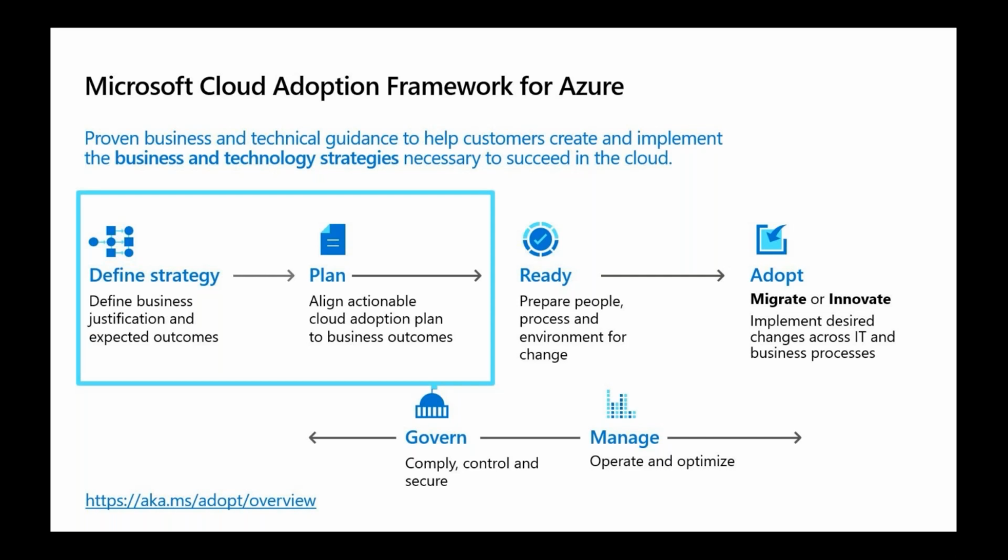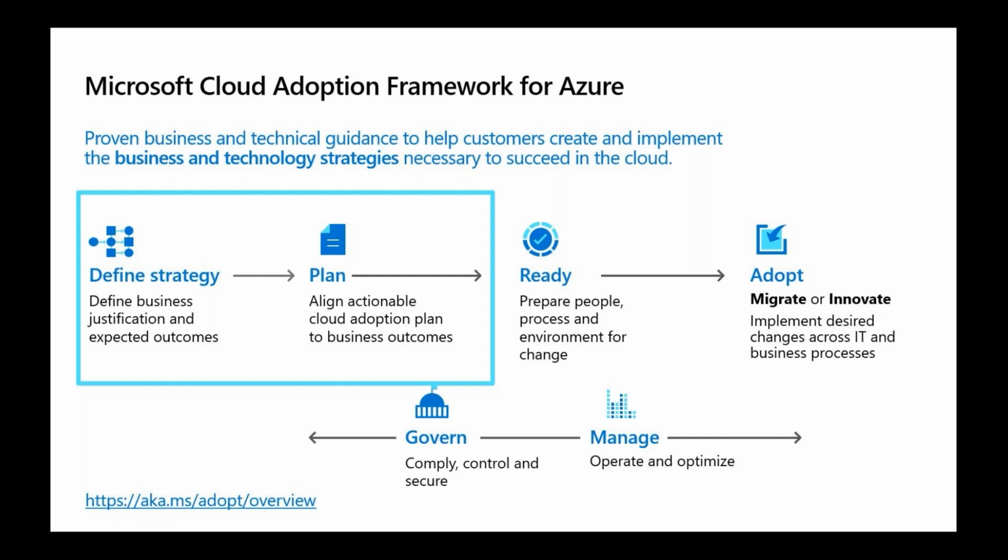There's also, of course, missing from the slide, secure the cloud. We have to comply, control, secure the cloud. Well, that's part of the governance, but actually, since I'm a little bit security biased, I would emphasize security to be implemented from the very beginning.